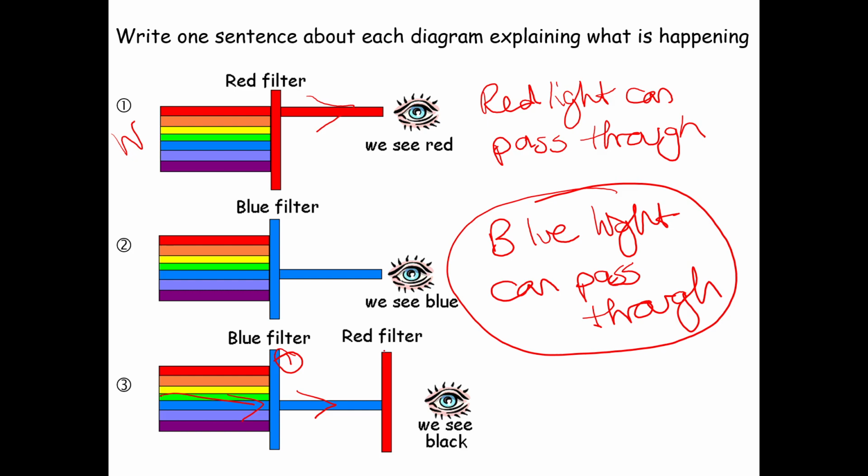That blue light hits then a second filter, and this filter is now red. But red filters can only let red light through. There is no red light hitting it, there is blue light. So it will absorb the blue light, meaning that there is no light coming through the other side. So our eye would not be able to see anything at all because no light would now be reaching the eye.